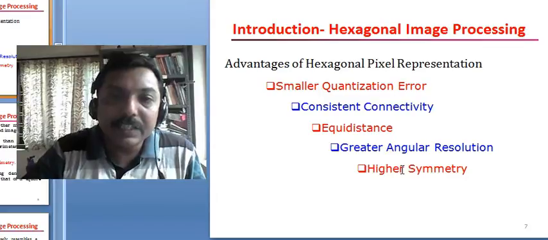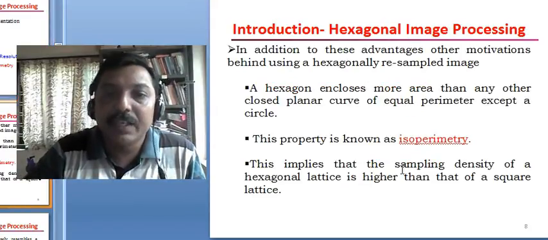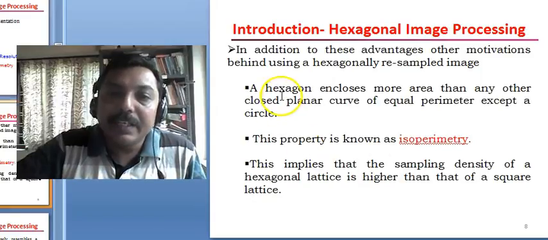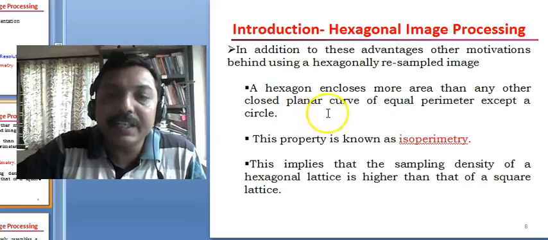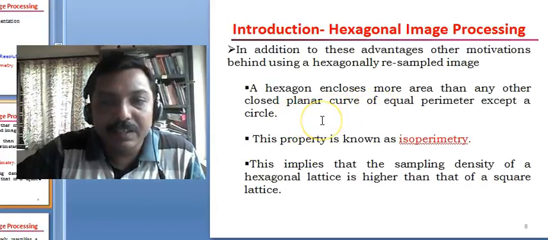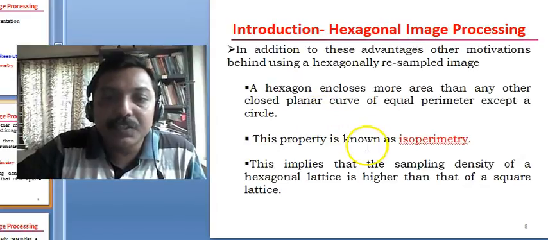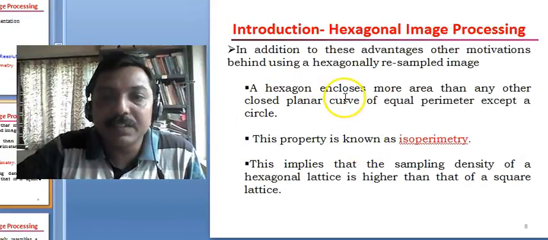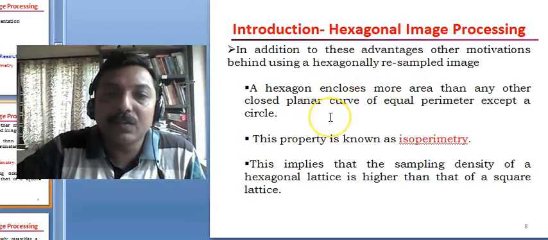The other advantage is a property known as isoperimetry. A hexagon encloses more area than any other closed planar curve of equal perimeter except a circle, and this is known as the isoperimetry property. That means the hexagon has more area compared to any other closed planar curve having an equal perimeter.